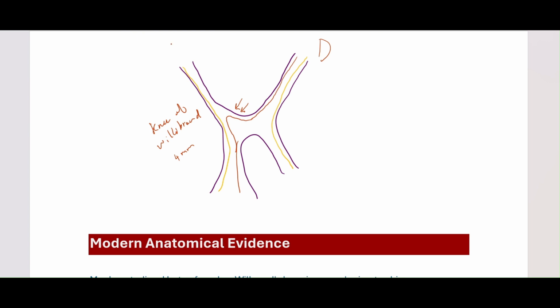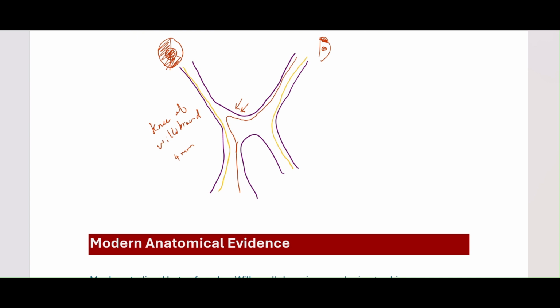So on one side you can find unilateral hemianopia, or you can find central scotoma, or a combination of both. And on the other side you can find enlarged blind spot or superior temporal scotoma from these nasal fibers.